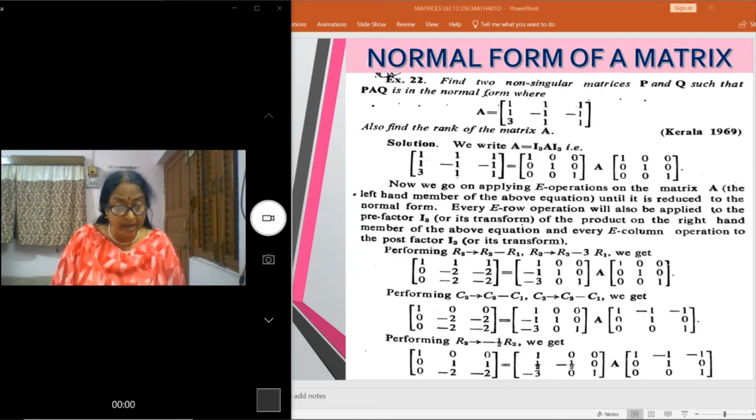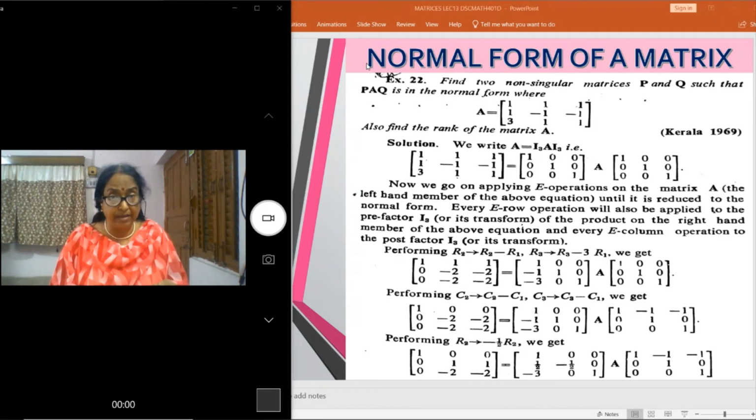If A is of 3 rows and 4 columns, then the one before A will be a 3 cross 3 unit matrix, and after A, that should be a 4 cross 4 unit matrix.